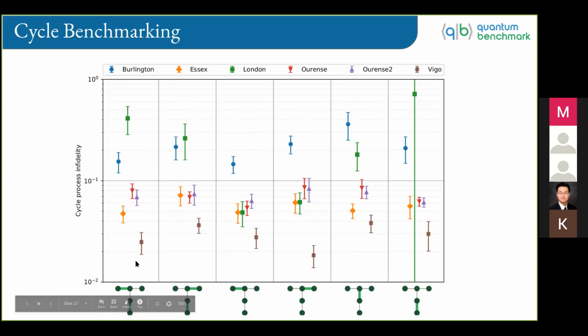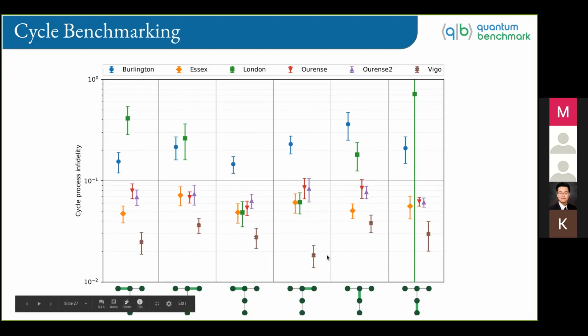So we have 2 simultaneous C-naughts on these left 2 plots, and then single C-naughts on these right 4 columns. And then each color is a different chip. And so this plot quickly lets you see which device is the best, right? It's pretty clear from this plot that Vigo is the best across the board. It has the best cycles. And then the runner-up is probably Essex or something like that.